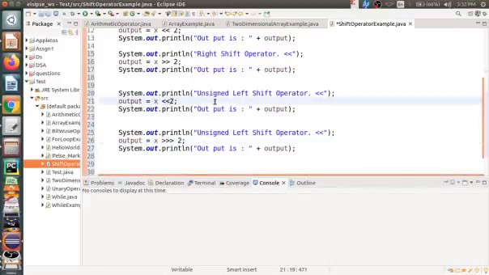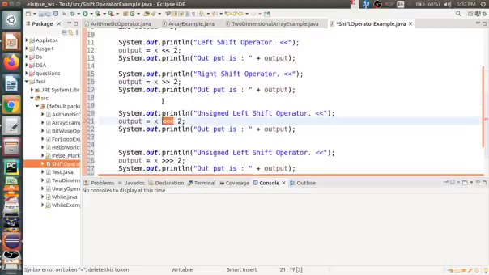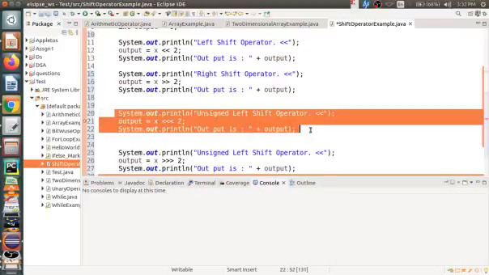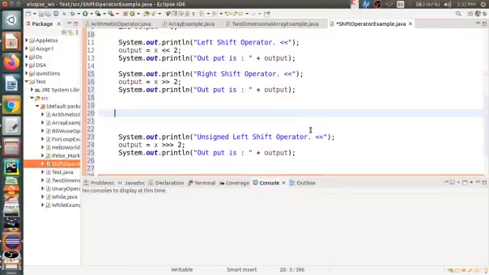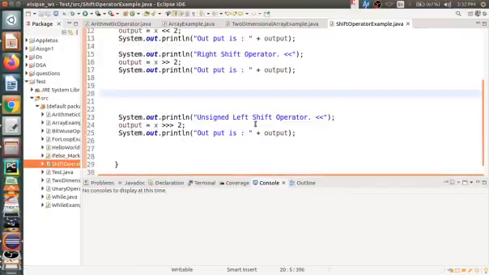Okay, unsigned left shift is not taken. Since the unsigned left shift is the same as the signed left shift, it is not taken, so you discard this, but unsigned right shift is there.